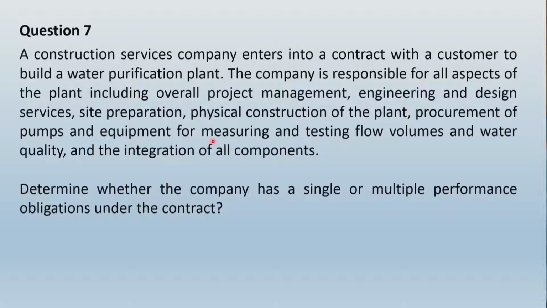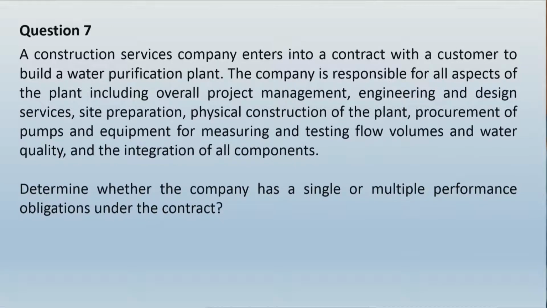The answer will obviously be no, because all these activities summed up make this water purification plant. So basically all these activities are part of the construction of this water purification plant, and therefore it is a contract to build the plant itself. Therefore all these ancillary activities which are required to build the plant will not be considered as separate performance obligations. In fact, what we find is that in the whole contract there is a single performance obligation.